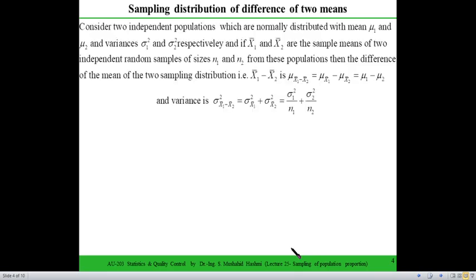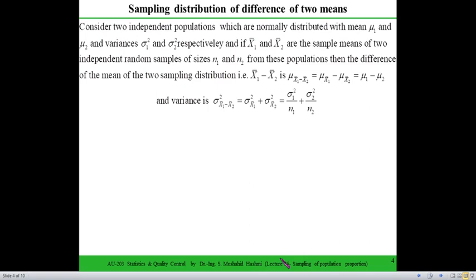Okay, so let's say we have two independent populations, and both populations are normally distributed. It means the first population has a mean mu1 and variance sigma 1 square. The second population also has a mean mu2 and variance sigma 2 square.